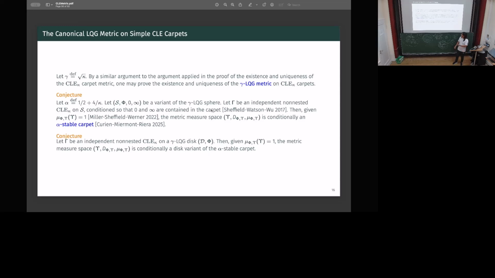If I remember correctly. So yeah, I said here a variant of. Because for the LQG sphere, these 2 points are typical points for the LQG measure on the sphere, but here we want these 2 points to be typical points for the LQG measure on the carpet. So there's a difference. So yeah, you have to take a variant. I should remember because I gave this as an essay, but I forgot already.